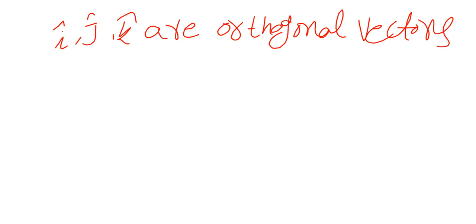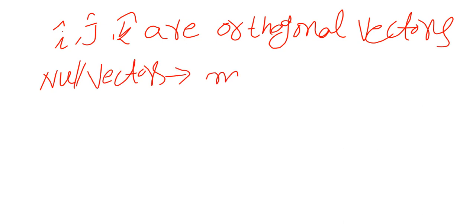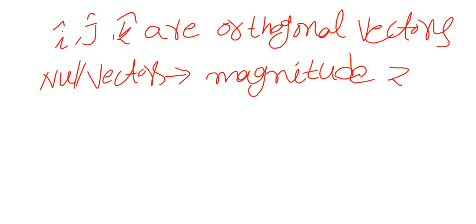So next one is the null vector. A vector whose magnitude is 0 is called a null vector.